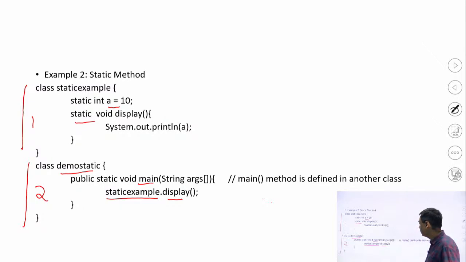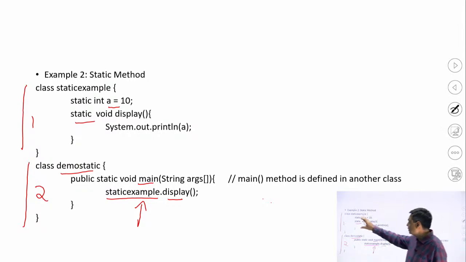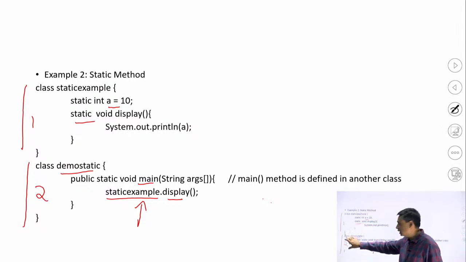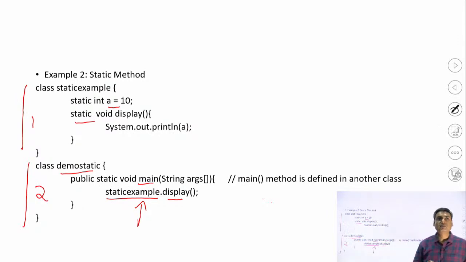The class name StaticExample is mentioned here. So you have to give the class name, then give the name of the function, display. So one class is defined, second class is defined. Whenever we are calling a static method outside a class, you must qualify the method with the help of the class name.